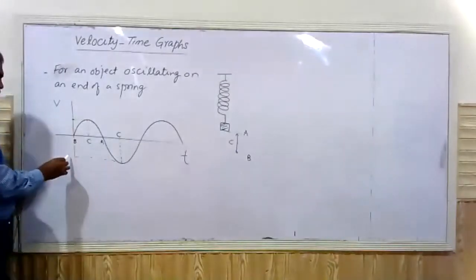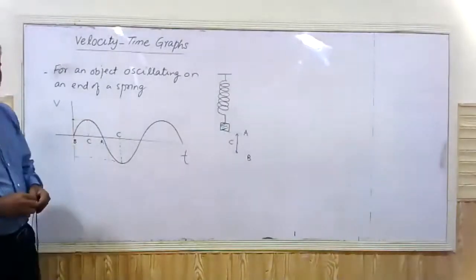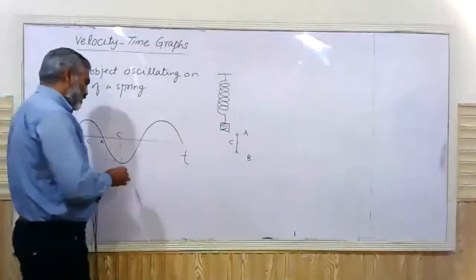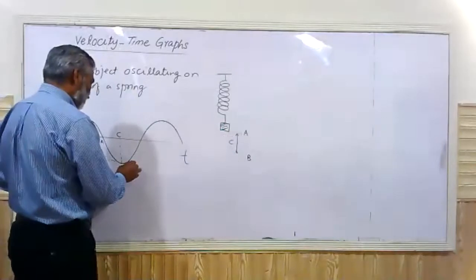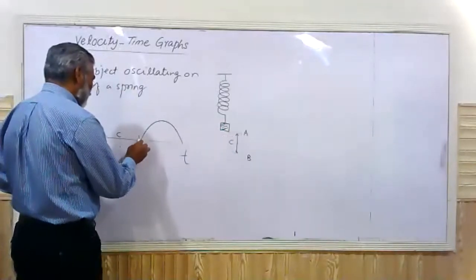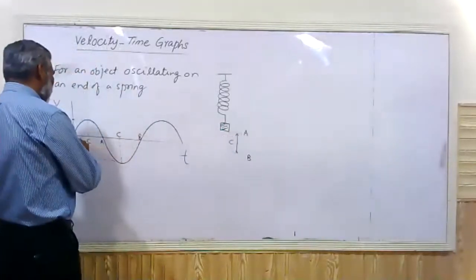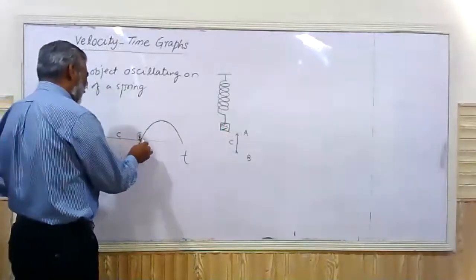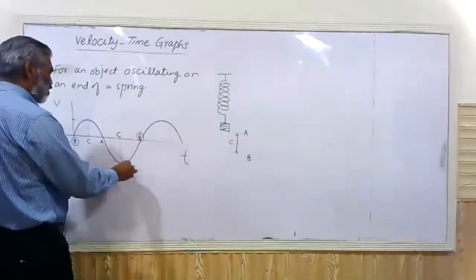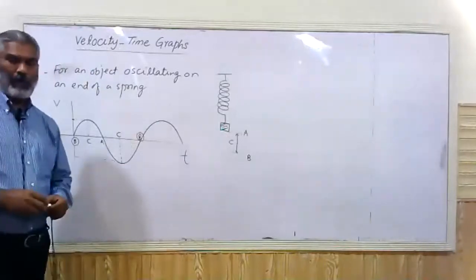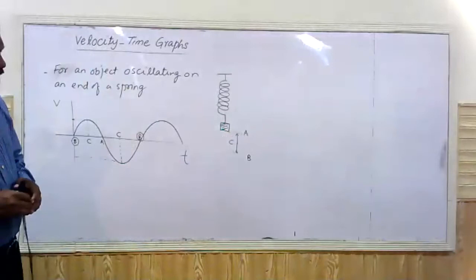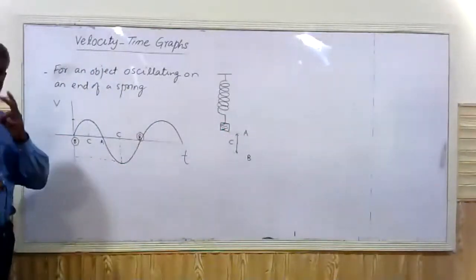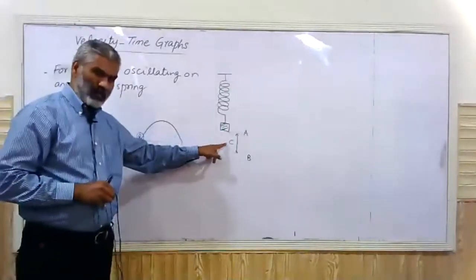These two are the same velocities with opposite directions, so opposite signs, and then as it moves towards B, further down, it comes to rest. So it started from B and it has come back to B, making a complete round trip. During this complete round trip, the object has passed through C twice, through the center twice.